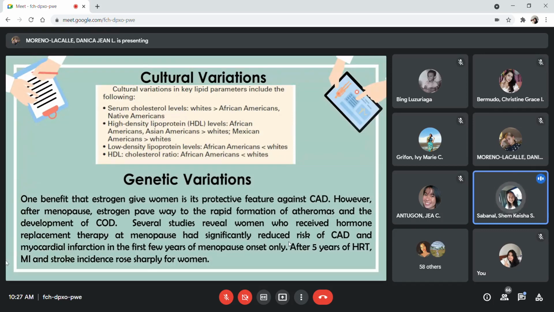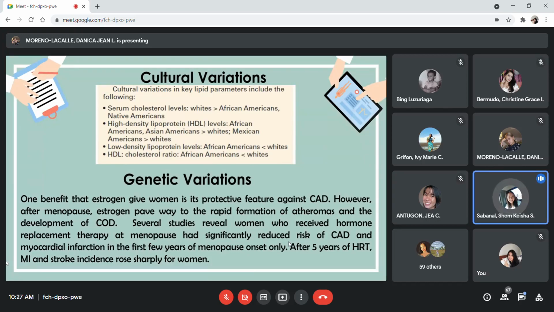Sorry for the typo. So before, they studied hormonal replacement therapy, so that there would be a supply of estrogen in the woman's body. Studies revealed that before, this actually helped in decreasing the risk of CAD and myocardial infarction.